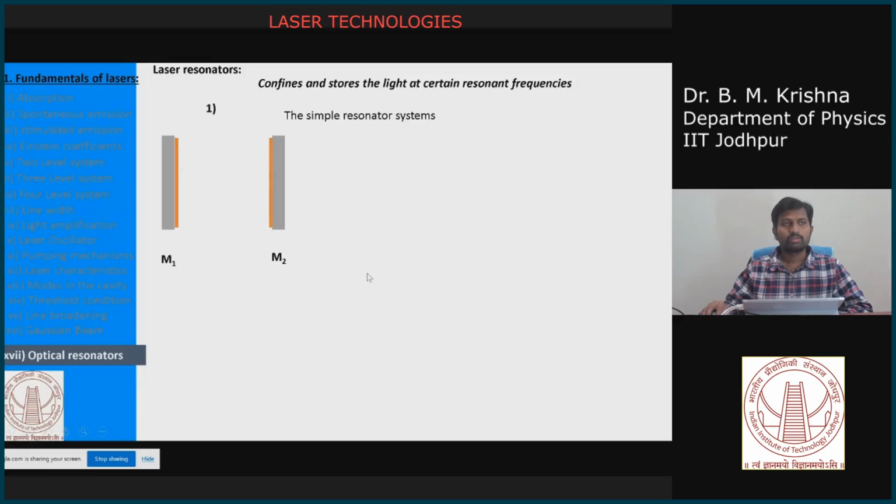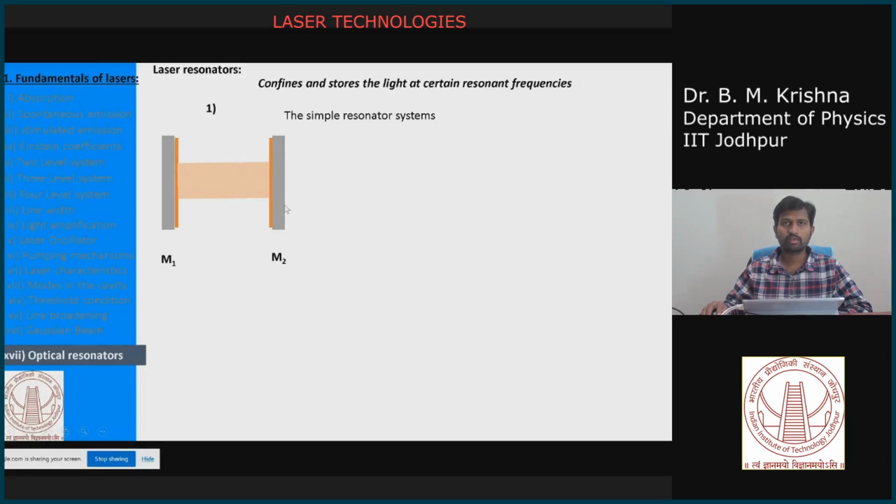So now a simple resonator is one with plane mirrors. Now what happens, you have a gain medium inside, so then you have lasing. Whatever light is incident on the mirror reflects again along the same line, because you place them such that both are perpendicular to each other.